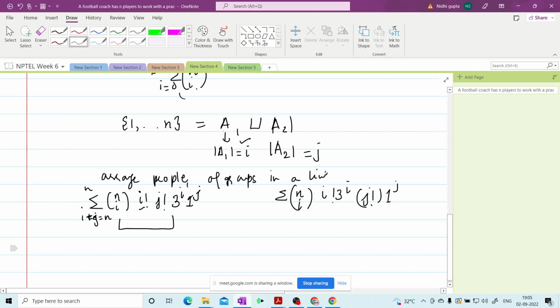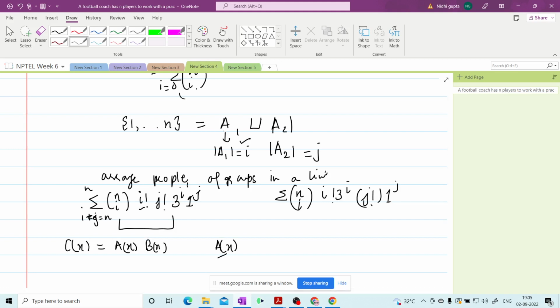And we know that since we are using products of exponential generating functions, what is our Ax? Ax corresponds to what we are doing to the first group.